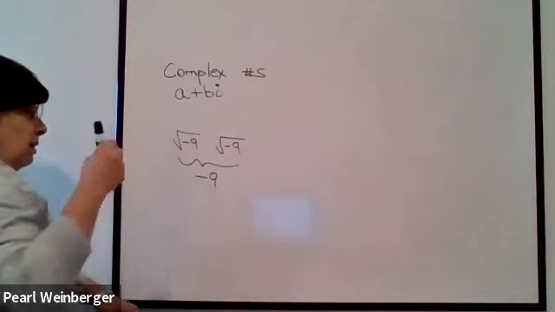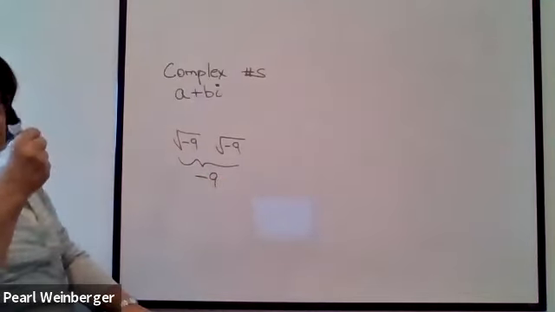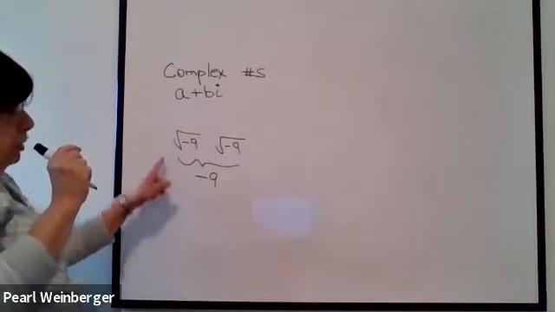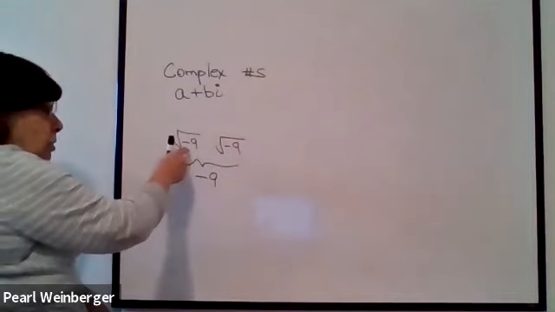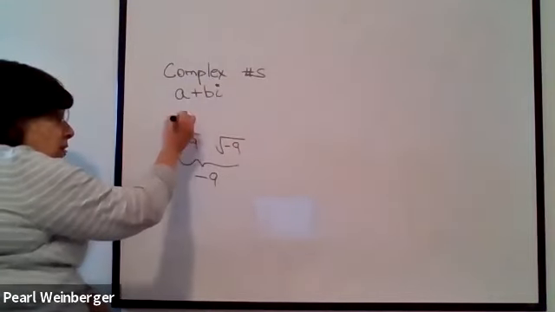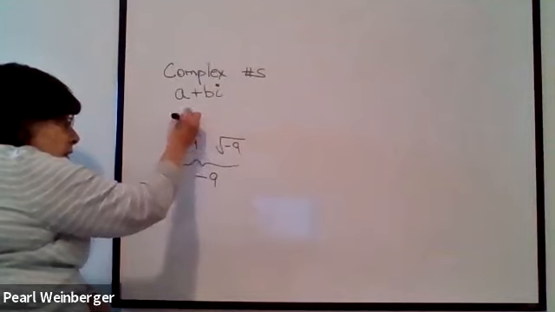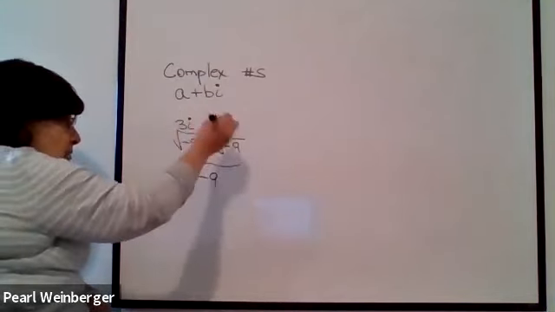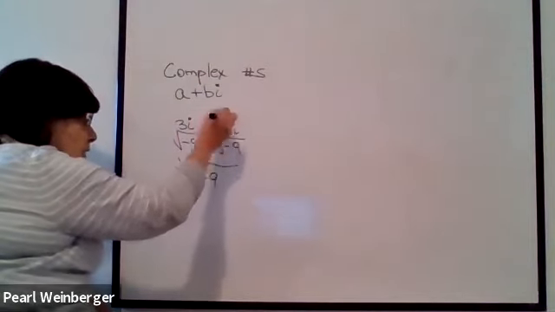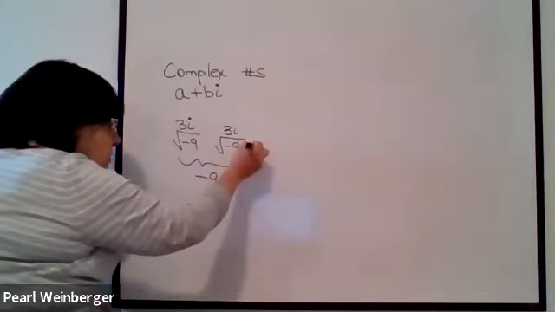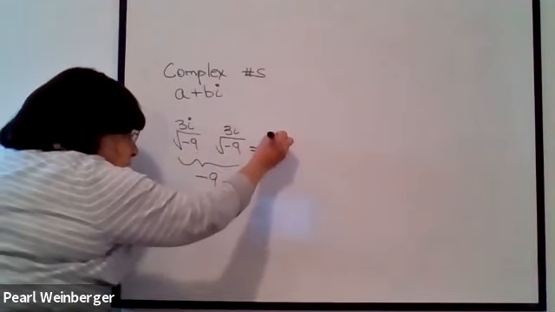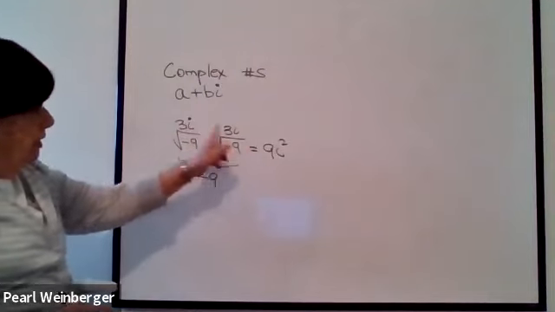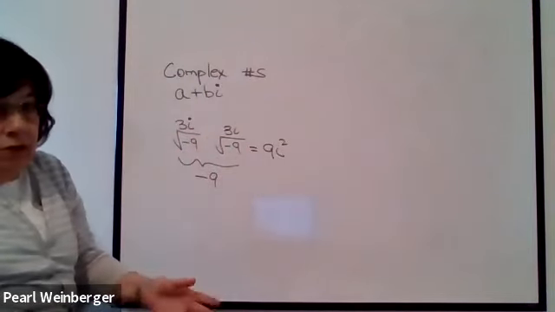Well, let's see if we can come up with a rule for this, because this is very important. If you recall, the square root of -9 is really 3i. That negative becomes the i on the outside. So this is really 3i times 3i, which is 9i squared. Because 3 times 3 is 9, and i times i is i squared.